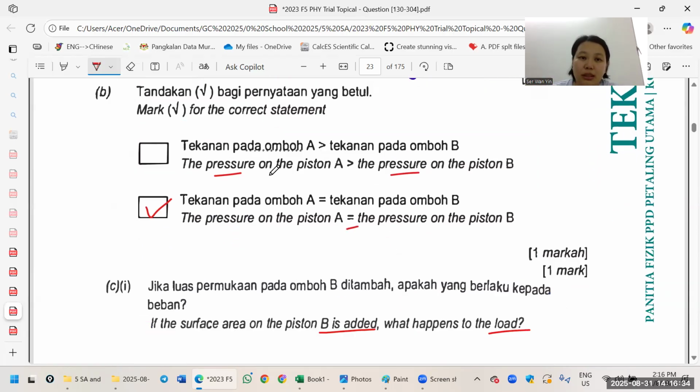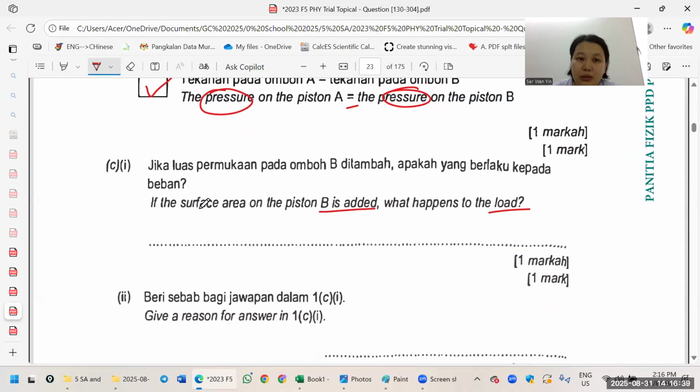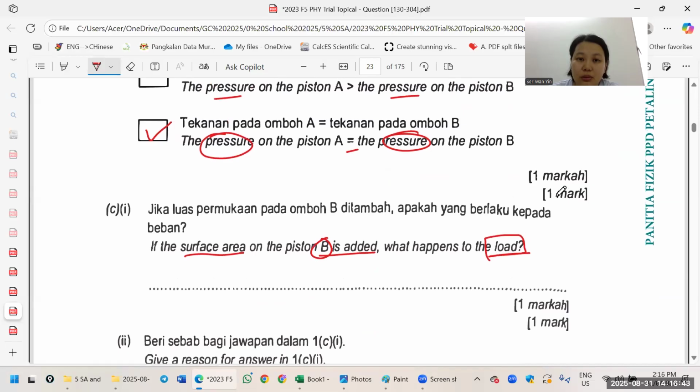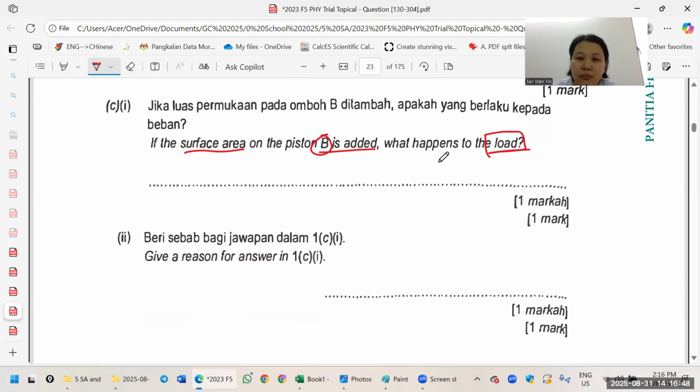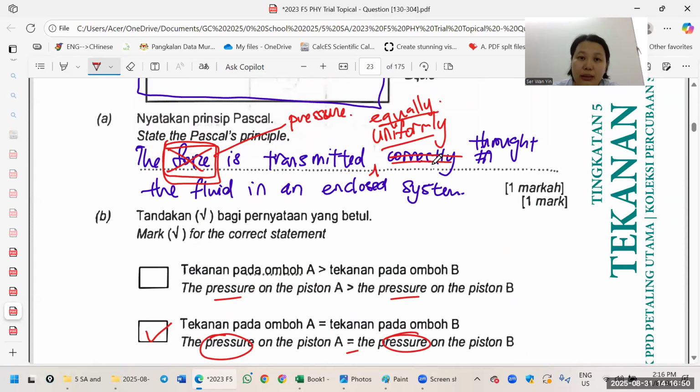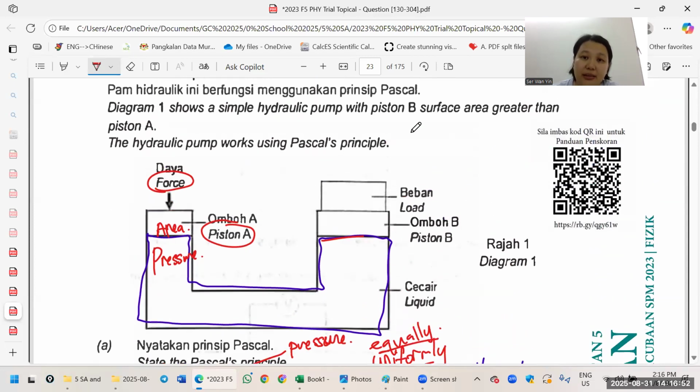Okay, so normally the pressure is the same. So if surface B is enlarged, what happens to the load? We need to think back to the magnifying factor. What is the magnifying factor? The magnifying factor is A2 divided by A1.